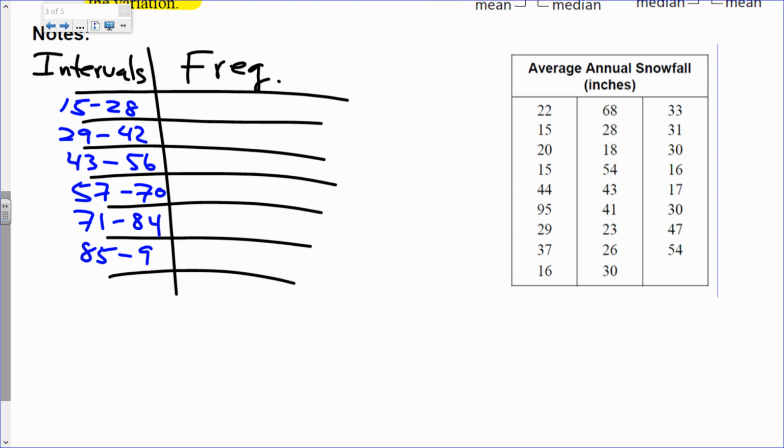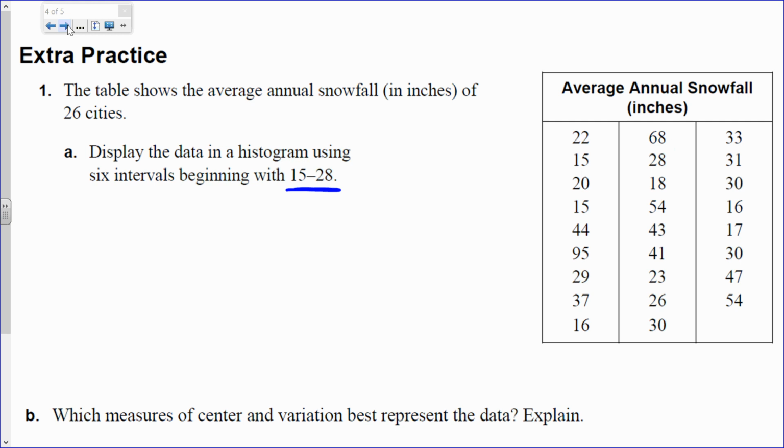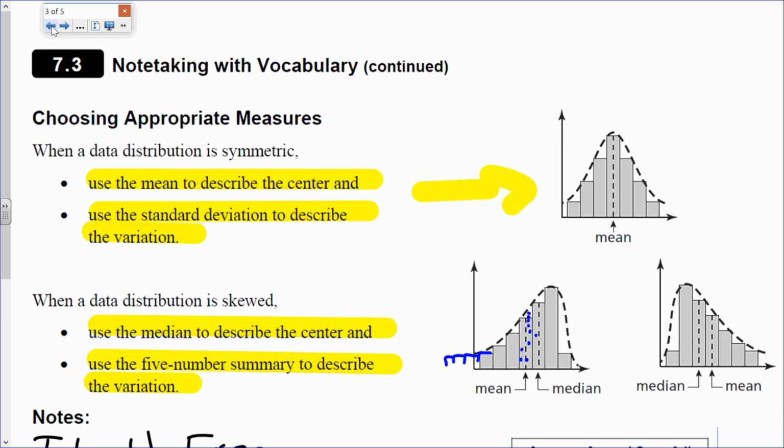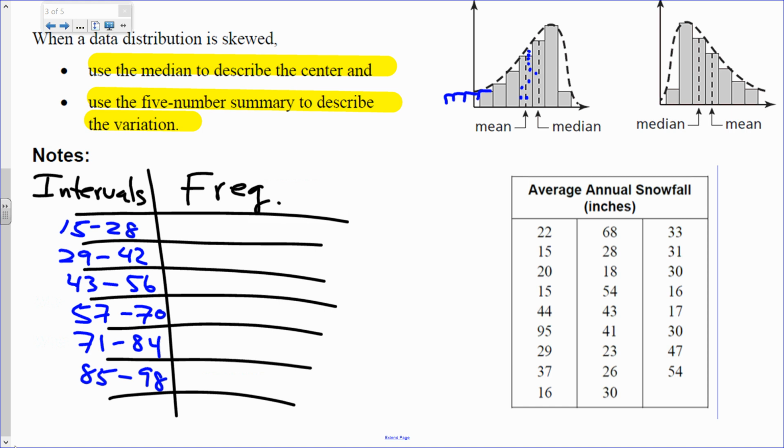Nice. Done. 6 classes. Because look, the directions say 6 intervals. We're done. There's 6. 1, 2, 3, 4, 5, 6. Six intervals. We're rocking and rolling. I love it.